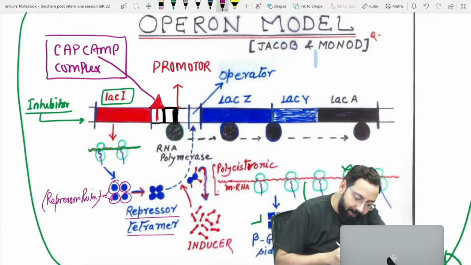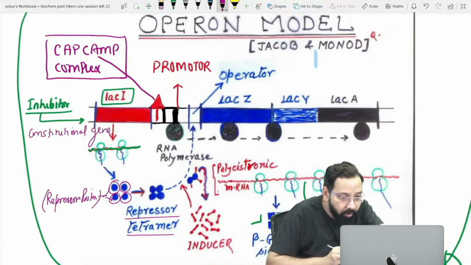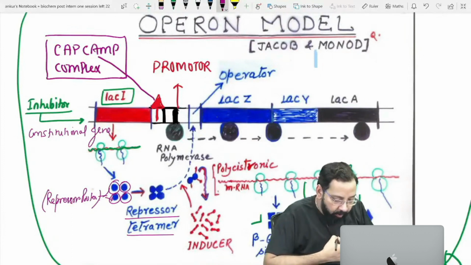We say the lac I gene is a constitutive gene, or housekeeping gene.